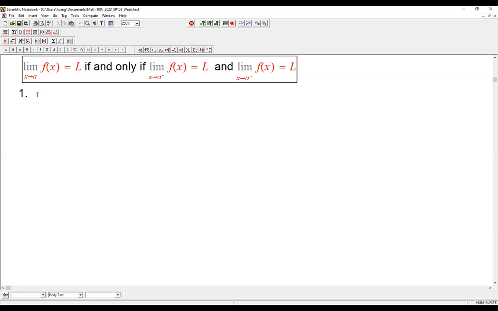So this implies the side limit exists. Secondly, the other side limit also exists.